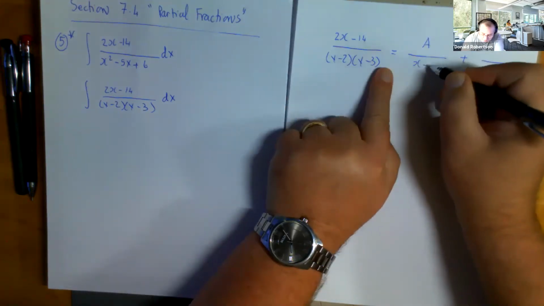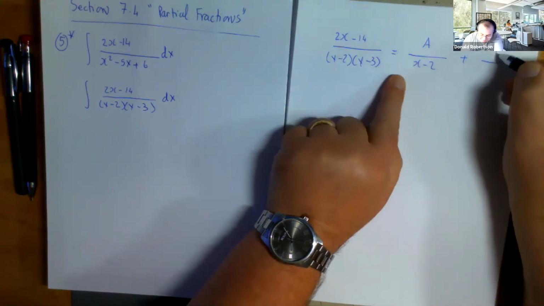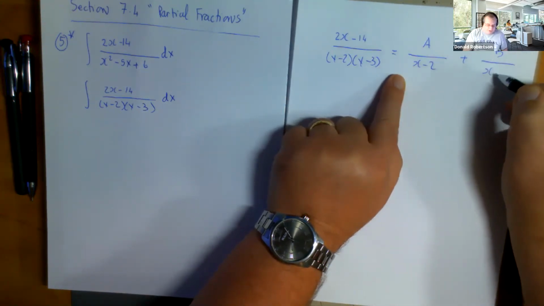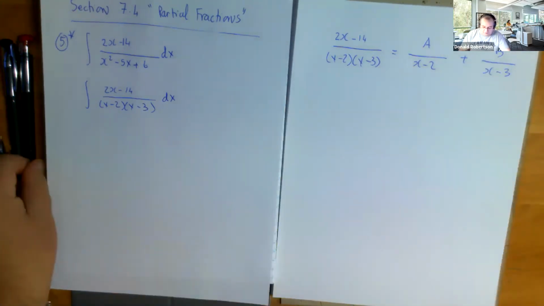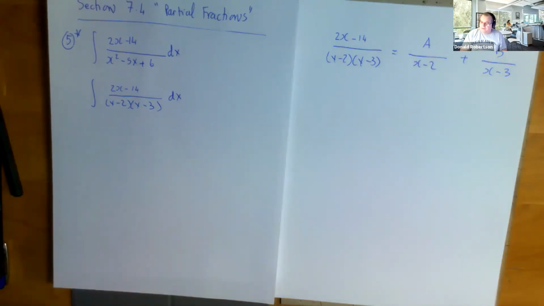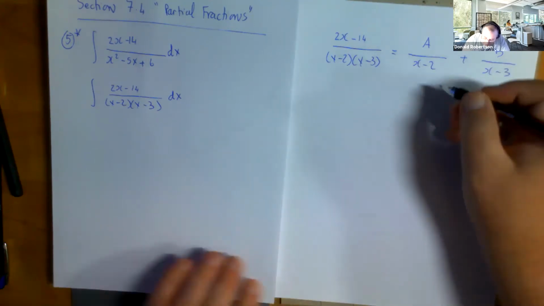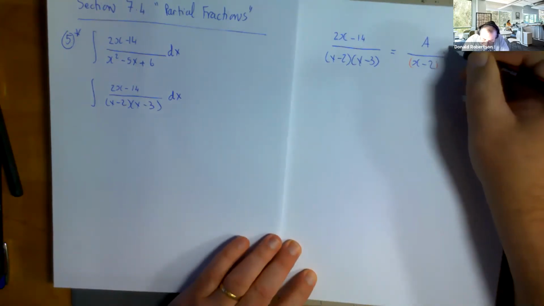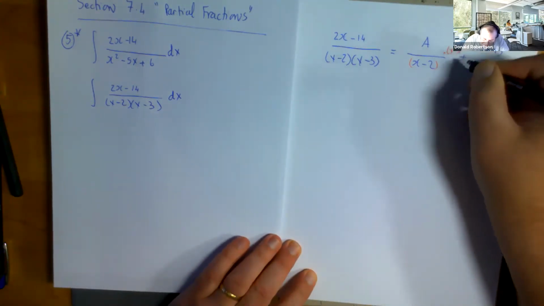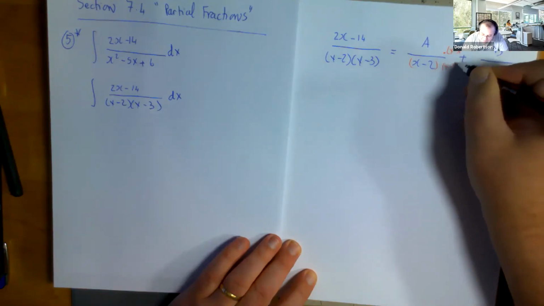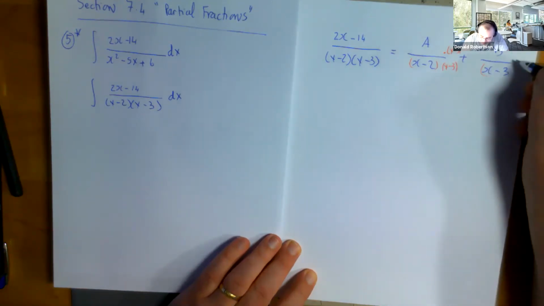An x minus 2, and the other baby fraction, an x minus 3. So far, so good. If you remember yesterday, isn't the next thing we need to do is to put them all back together again. In this case, that guy gets an x minus 3, and this guy gets an x minus 2.